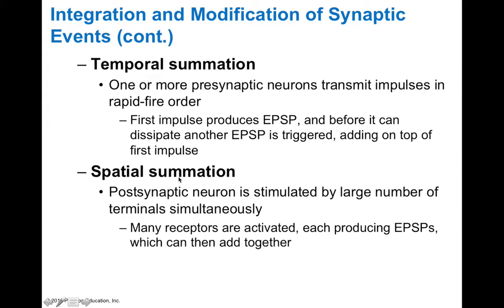Now, spatial summation is when you have a postsynaptic neuron that's stimulated by a large number of synapses simultaneously. And you might find that there are thousands of EPSPs and IPSPs that can add together and summate to reach some kind of net effect.